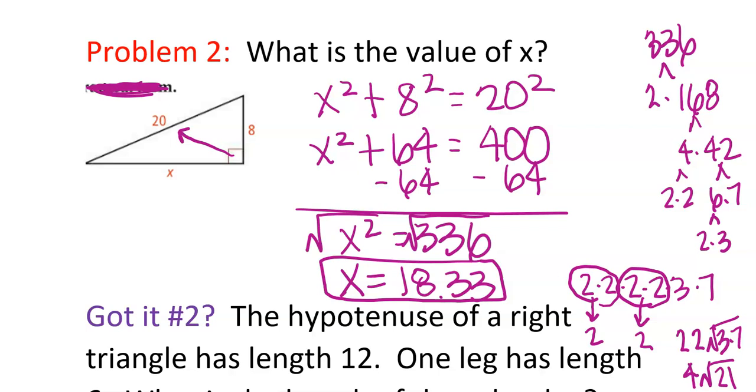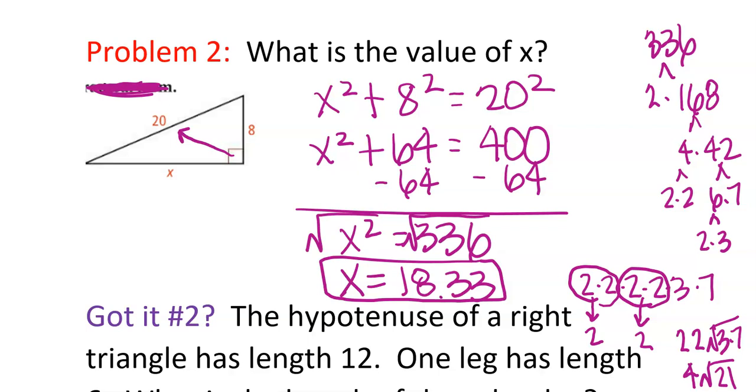Usually when I do them, I like to go to the decimal because then you can kind of tell, do I have it kind of right? Okay, so here's what I'm talking about. When you're looking at this 18.3, these 2 numbers better be under that 20 because the 20 is the longest side, right? So when you're looking at the square root of 336 or 4 square root of 21, who knows in their head what 4 square root of 21 is?